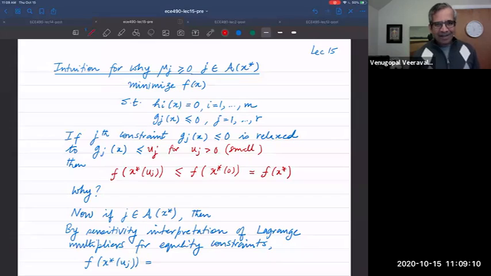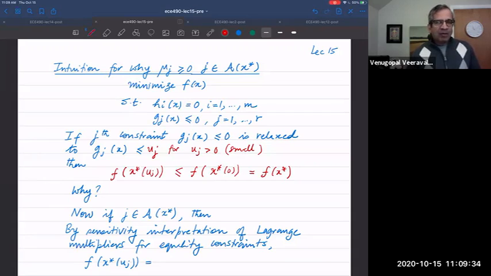Anyone? So I'm optimizing over a set, right? This constraint set, Gj less than or equal to 0. But instead of making Gj less than or equal to 0, I'm going to make Gj less than, say, 0.1. So now basically I'm allowing for more x's to be inside this constraint set.